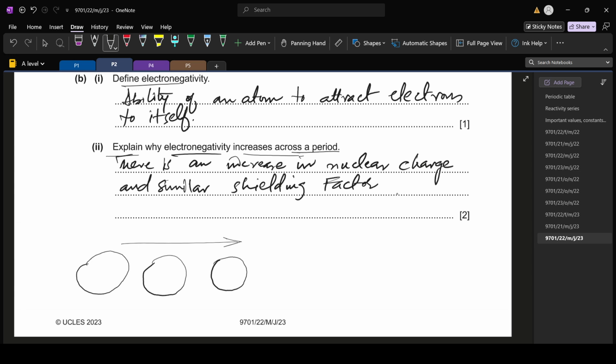So there is an increase in nuclear attraction for bonding electrons, or for valence electrons.